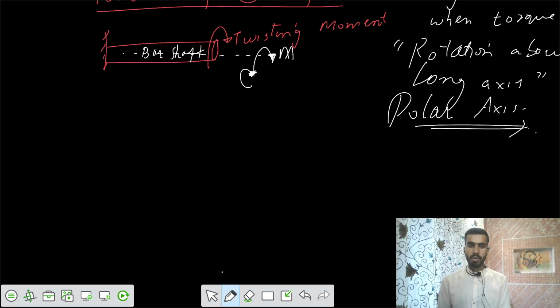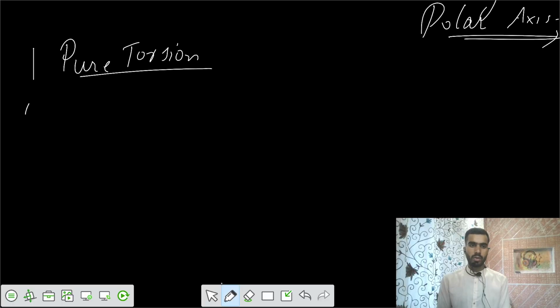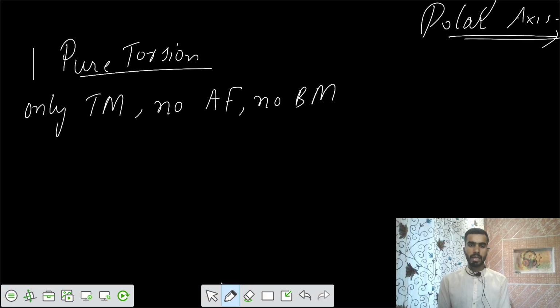There we have pure torsion. We say pure torsion exists if there is only torsional moment, that means no shear force, no axial force, and no bending moment is applied.